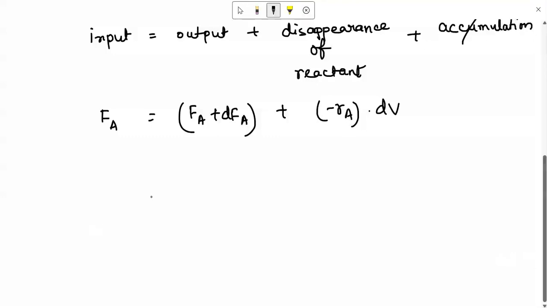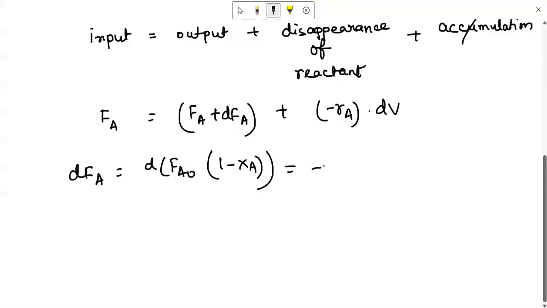Now if you want to express dFA using the conversion term, you can write dFA equals d of FA0 multiplied by (1 minus XA) with respect to the conversion term. So this reduces to minus FA0 dXA simply.